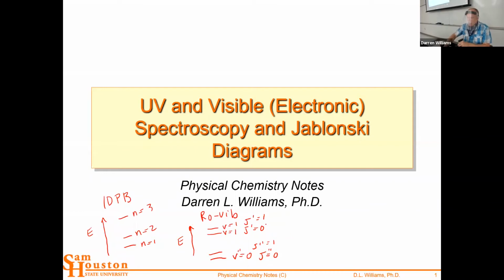Then we had a specific one called a Grotrian diagram. So this one has a name.